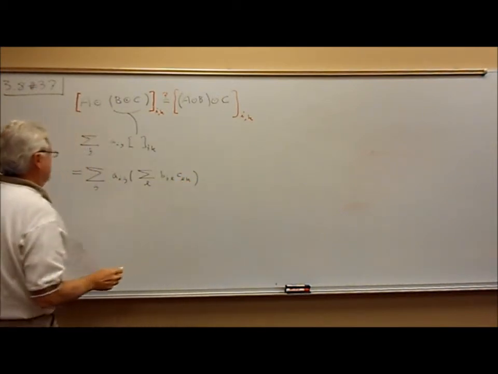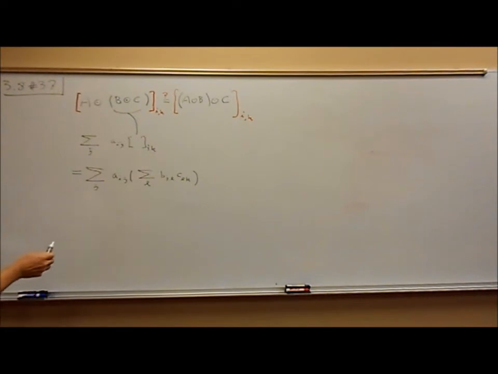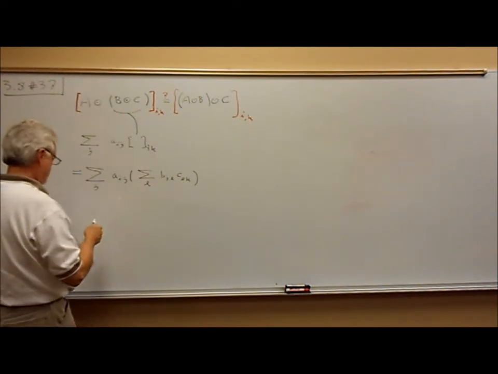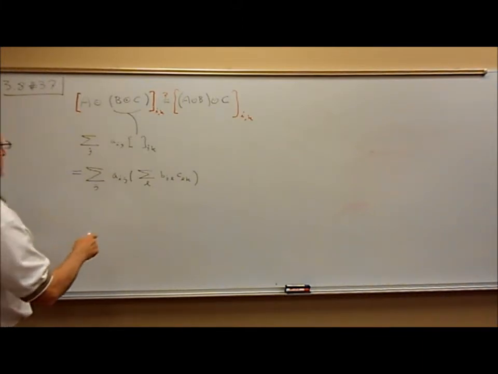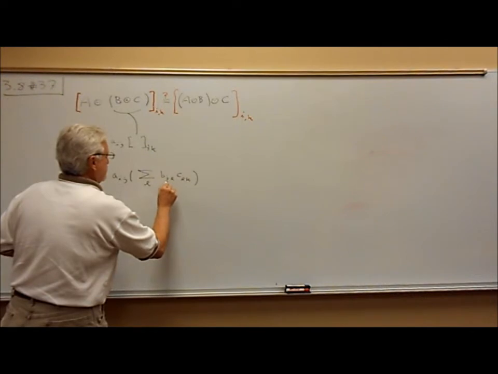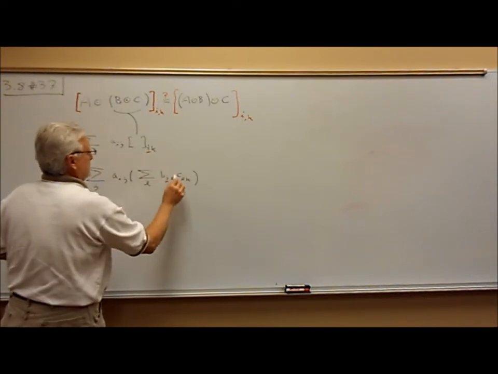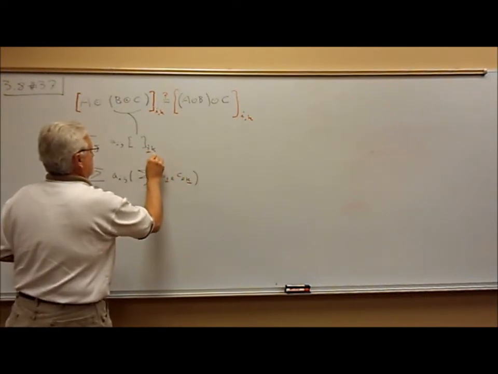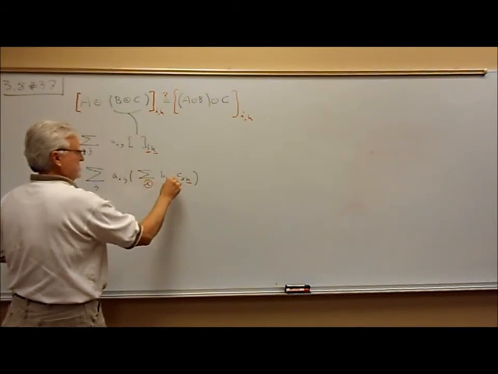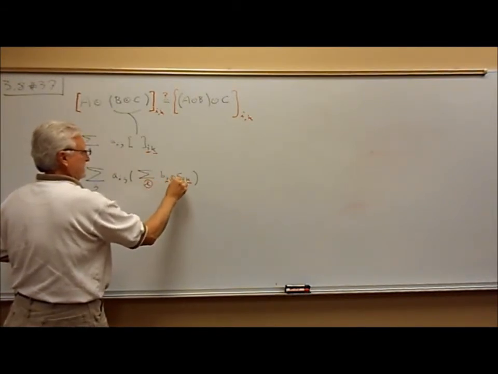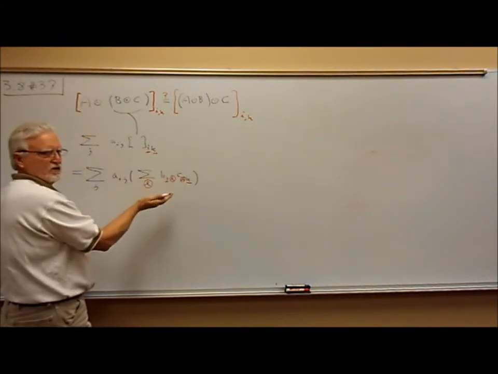And notice the way these subscripts are lining up here. Just to keep things straight, this J comes from here, this K comes from here, and the L is the thing that is varying during that sum right there.